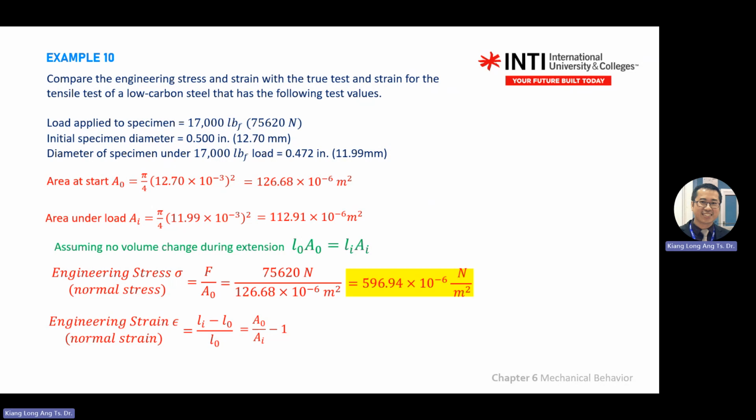You take the initial area, and you get 1 minus 1 there. So you get 0.12 for the strain. Strain can be length, it can be area.